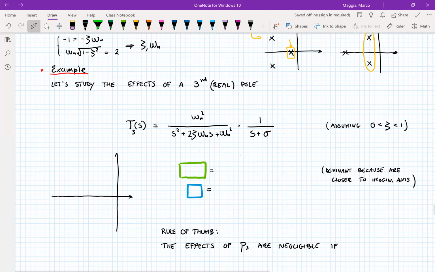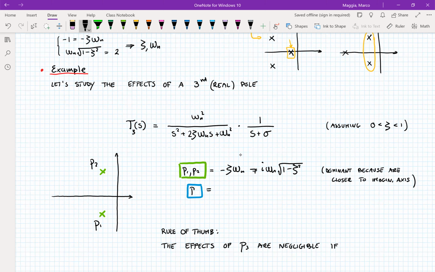All right, so in this case, we have, as I said, the first 2 poles, P1 and P2, always as minus sigma omega n minus or plus i omega n square root of 1 minus zeta squared. And the assumption here is that these 2 are closer to the imaginary axis, that is, they act as dominant poles.